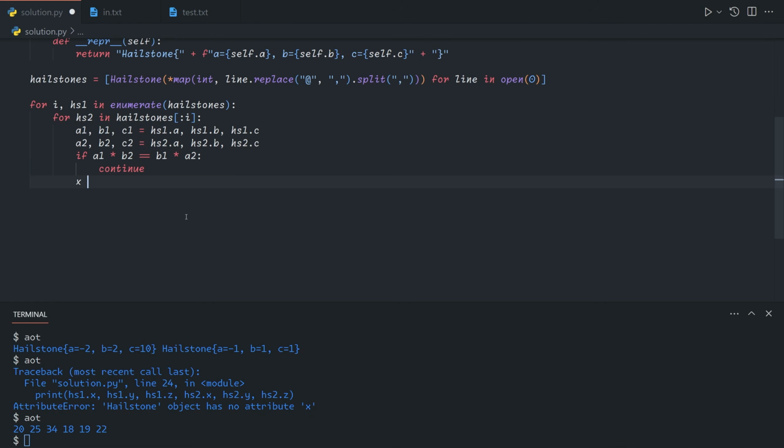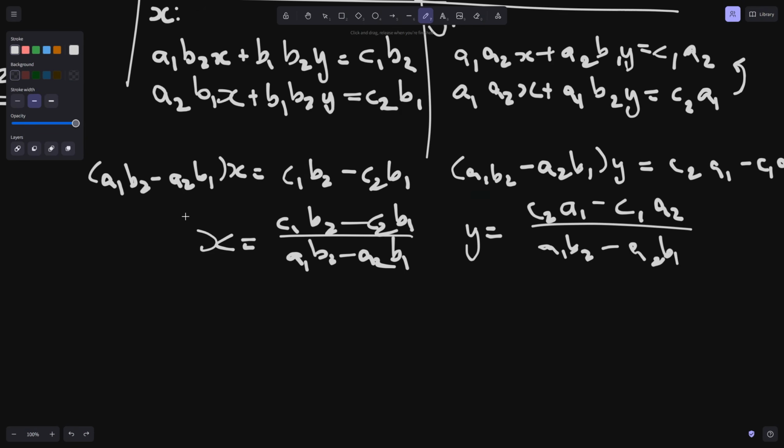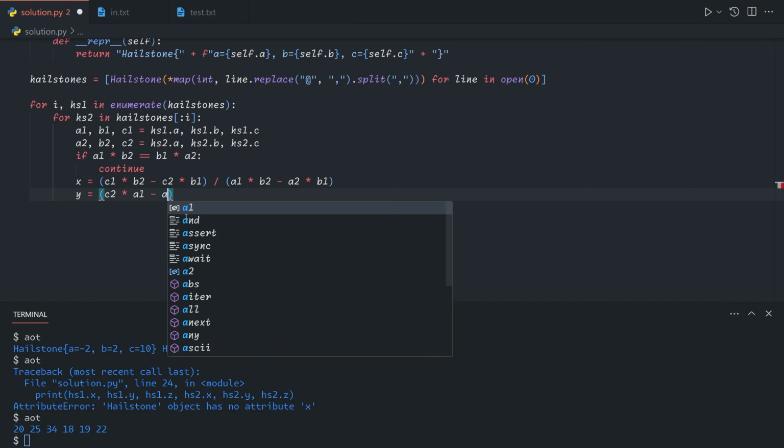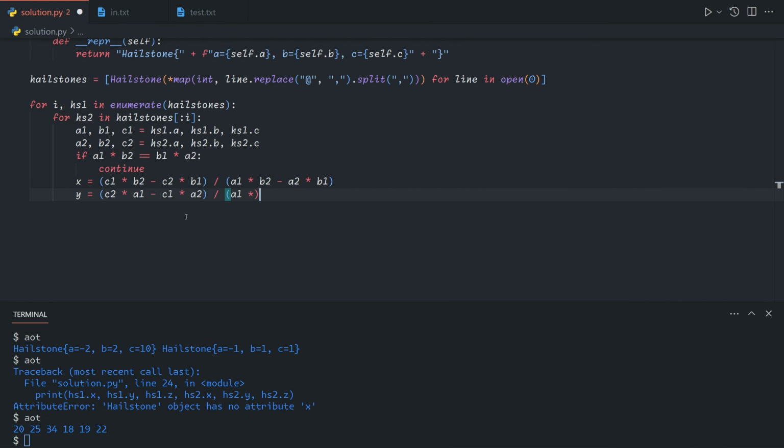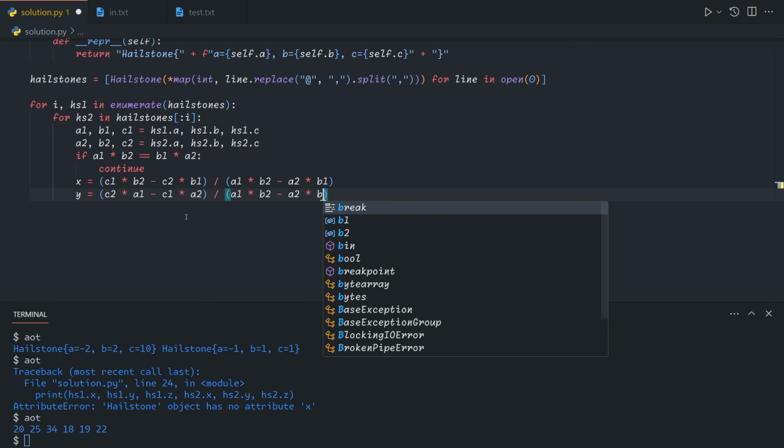And so we can say x is equal to c1 b2 minus c2 b1 divided by a1 b2 minus a2 b1, and y is equal to c2 a1 minus c1 a2 over a1 b2 minus a2 b1.